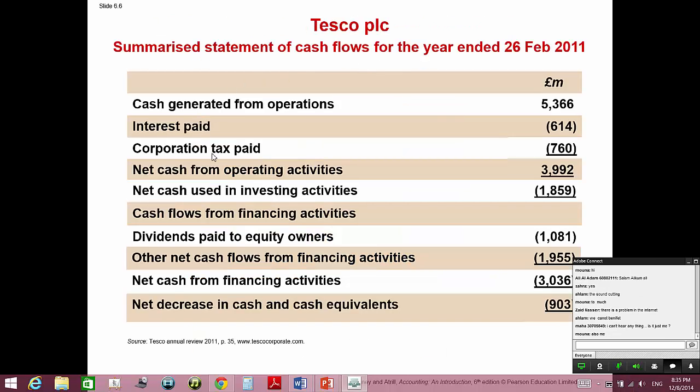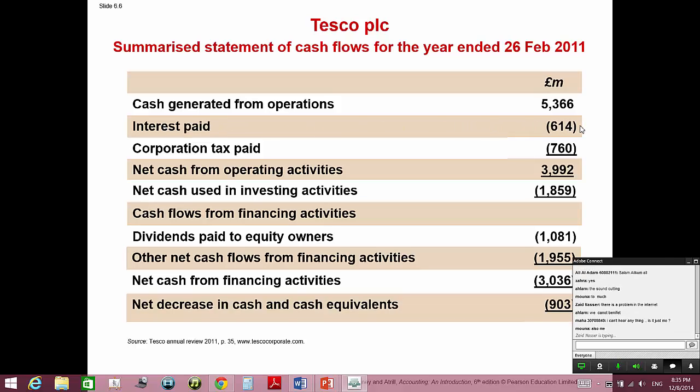This is an example of the cash flow statement for this company. As you can see here, we have net cash from operating activities. We have cash generated from operations, which is the sales, or the profit of the business.